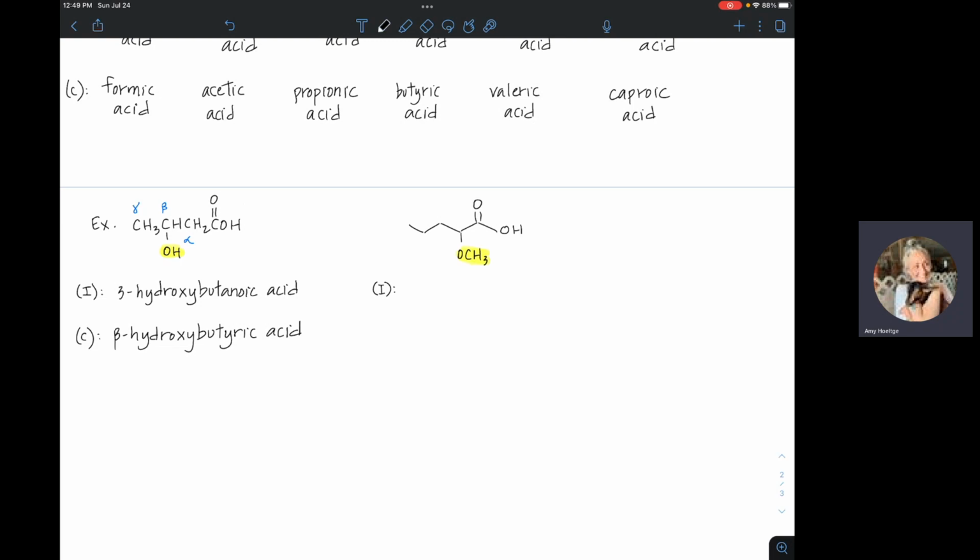Remember, the carbonyl carbon is always carbon number 1. So we have 2-methoxy. How many carbons do we have? 1, 2, 3, 4, 5. So that is a pentanoic acid.